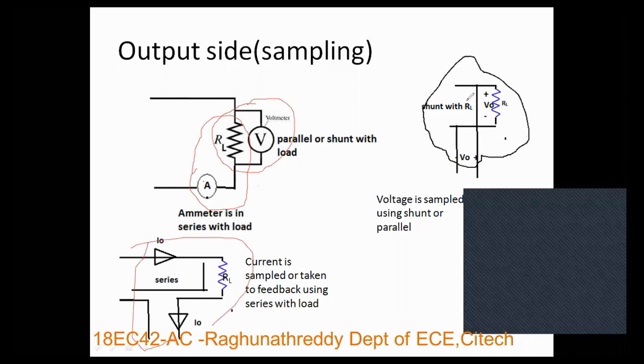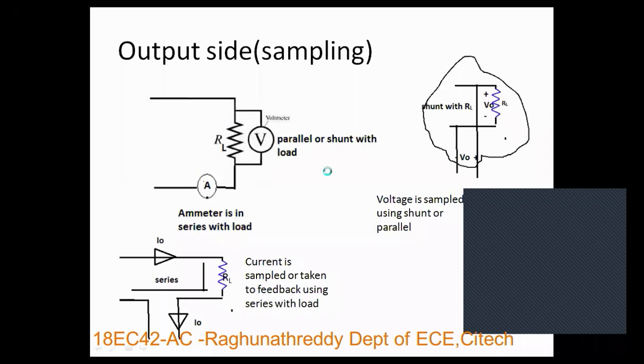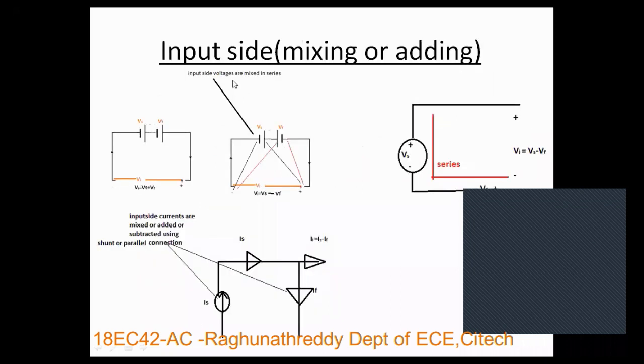Now we'll move to the input side. On the input side, how are you going to mix or add? The word we generally use is mix. If the input quantity is voltage, it is connected in series like this, so that input voltage Vi equals Vs minus Vf.